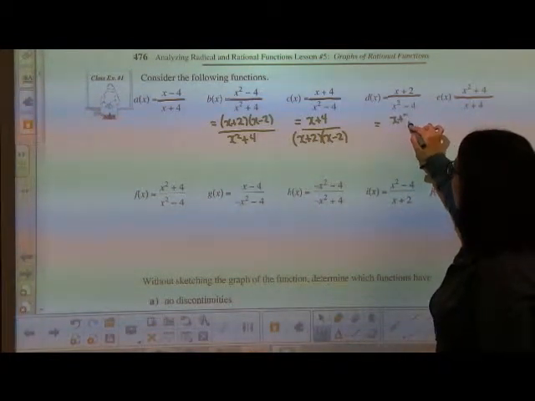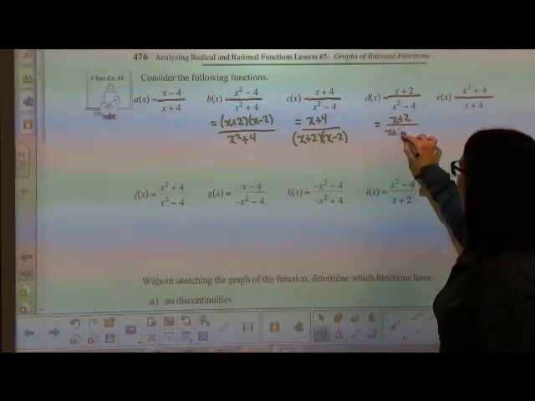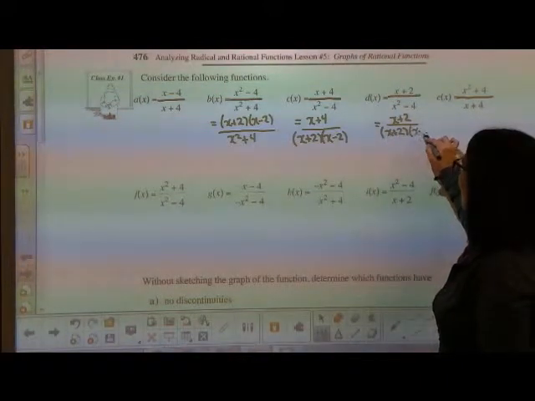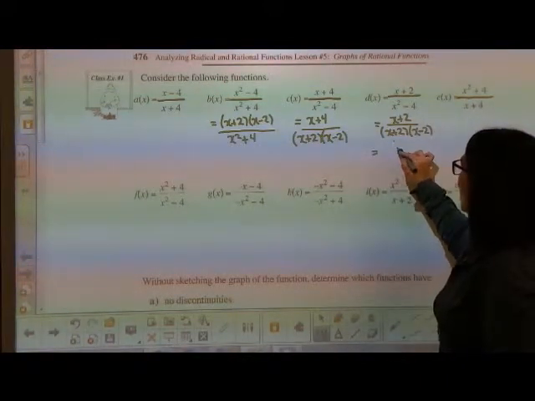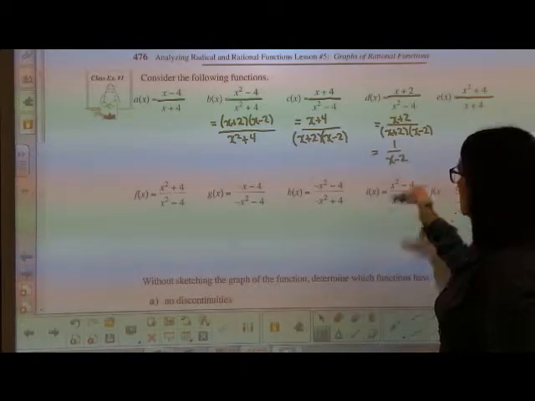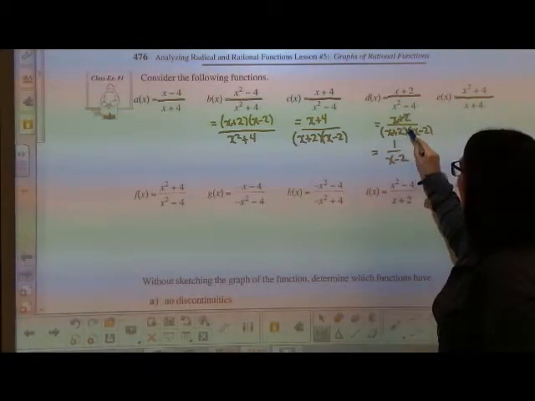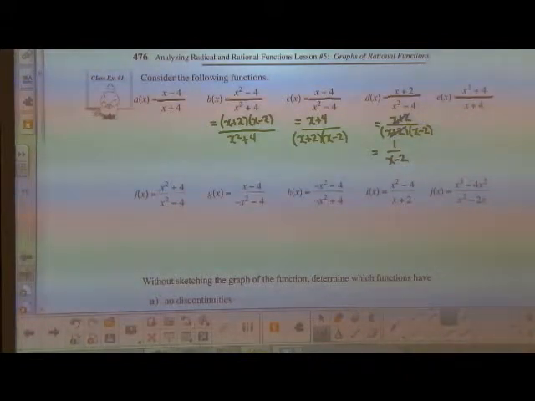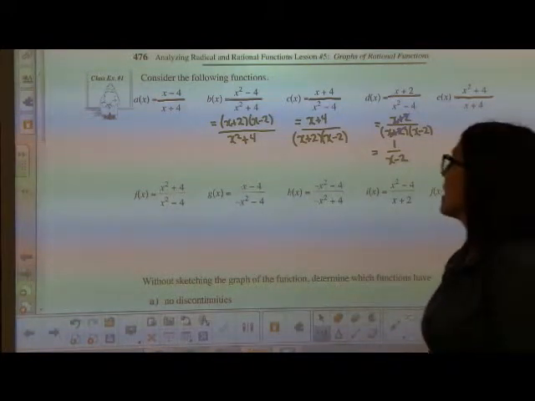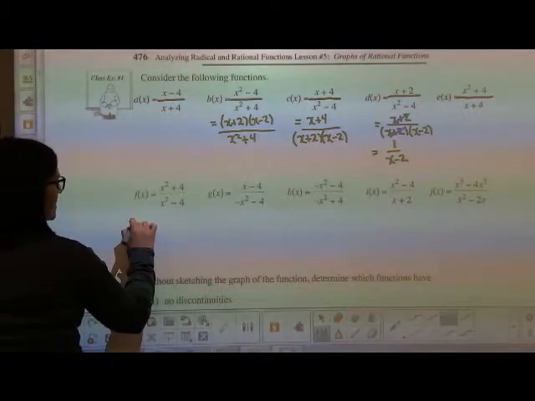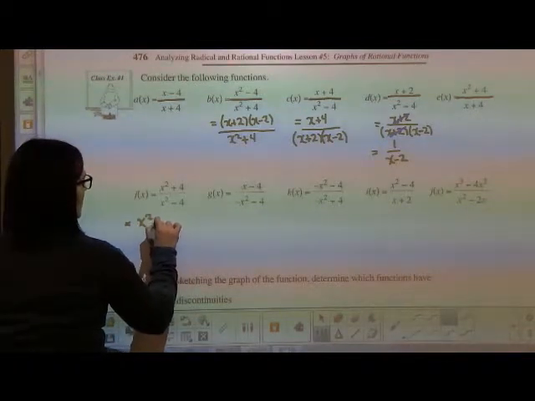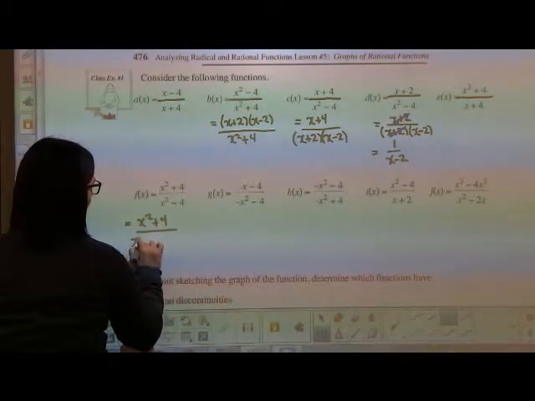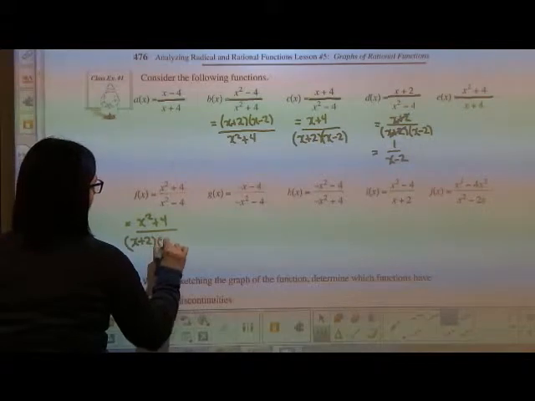In D of x, I now finally have my first common factor, which means I get 1 over x minus 2. So I have a common factor that I can cancel. If I look at E, I cannot factor x squared plus 4, so it is in its simplified form. If I look at f of x, x squared plus 4 over x plus 2, x minus 2.